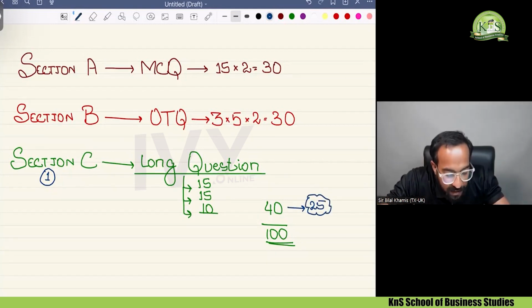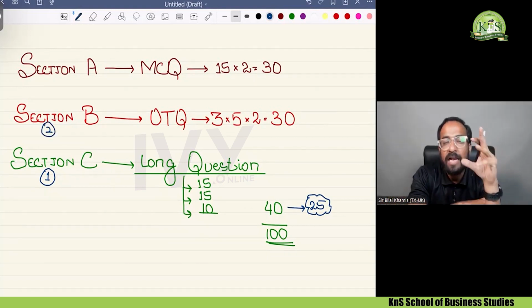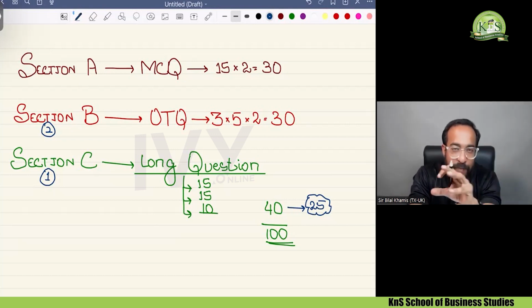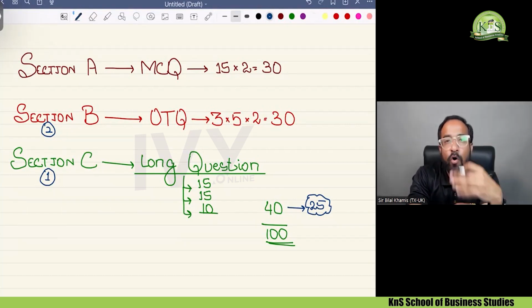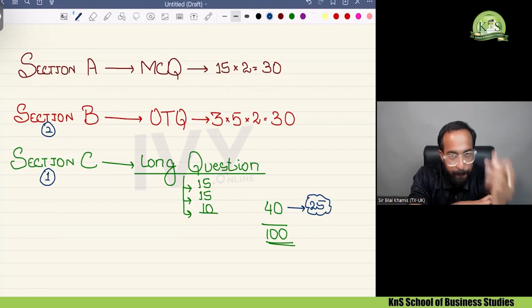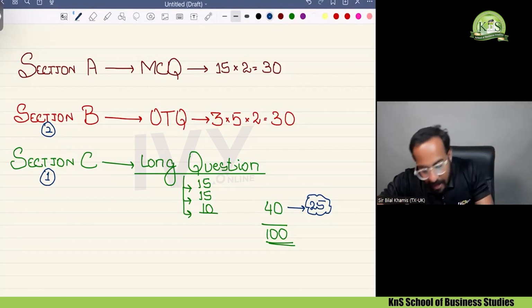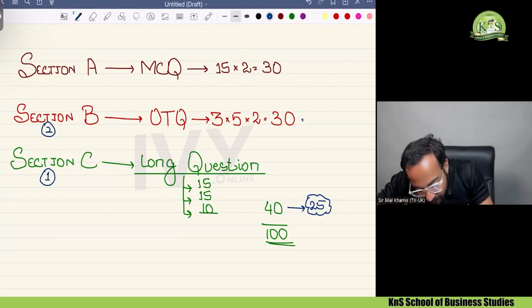Now you need to opt for section B. Why section B? Because I'll tell you which chapters belong to section B, so you will be more focused on the section B chapters and you will practice section B more. Let's suppose in section B you are getting 15 marks.